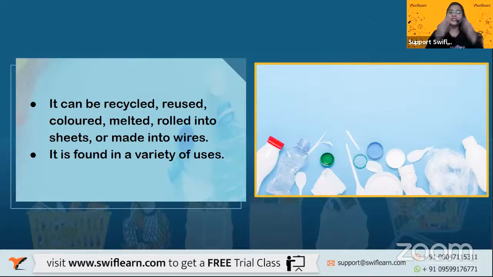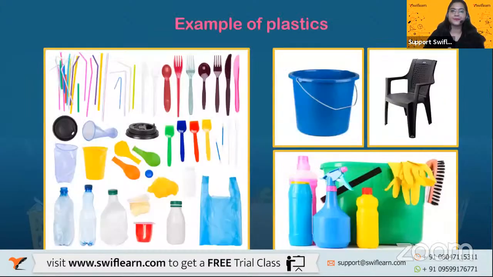These are the different properties of plastic. It is also found in a variety of uses. The caps of bottles, cans, different containers, polythene bags: plastic materials are used in various ways. See how beautifully colored the plastic materials are.